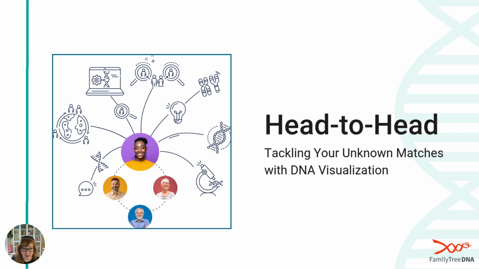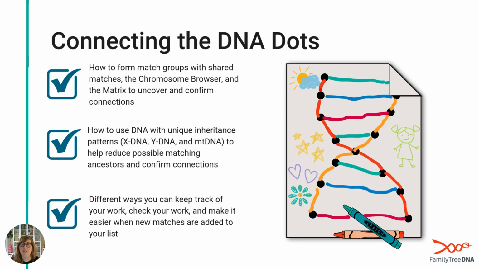So let's get started. You don't need a biology or genetics degree to understand and use these tools and apply them to your genealogy research, even though it might seem like that at first glance. In the next few slides, I'll walk you through how to take the science and turn it into your family stories.